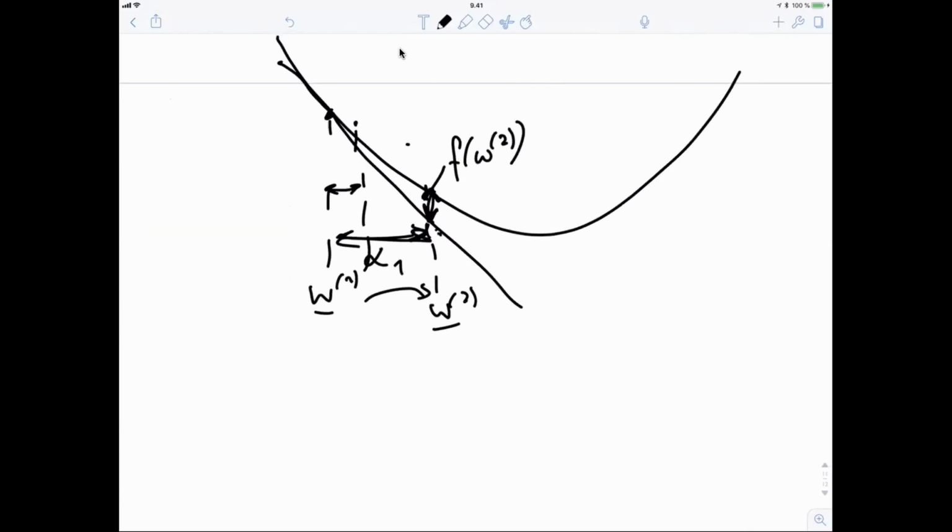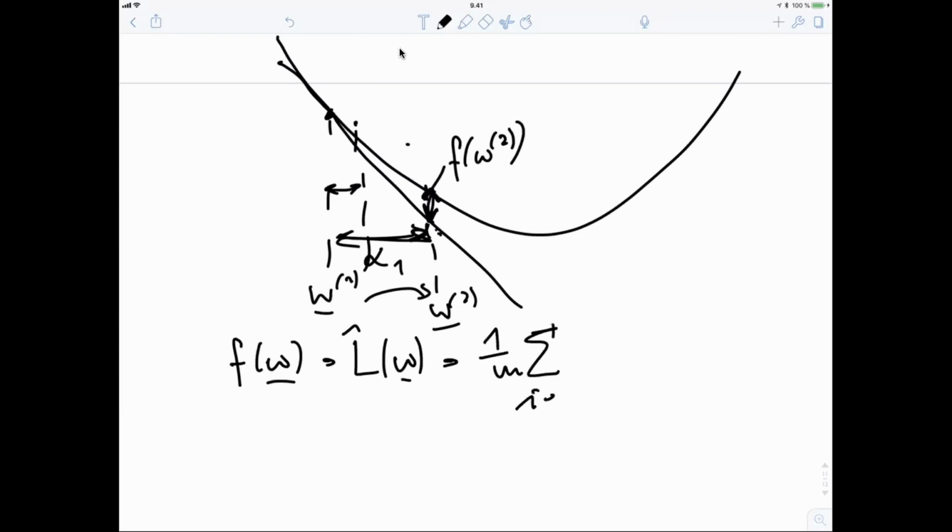So in particular, if the objective function is the training error in linear regression, which means it's 1 over m sum from 1 till m of the ith label of the ith data point minus the predicted label of the ith data point.